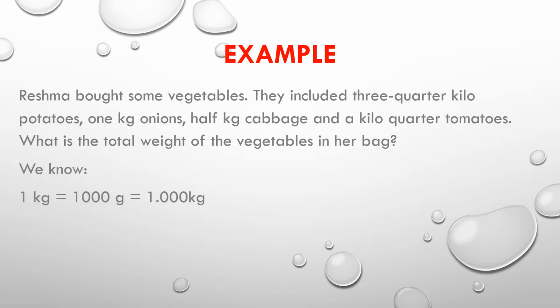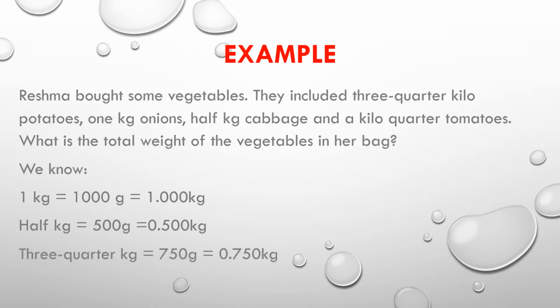We know 1 kg is equal to 1000 grams, that is also equal to 1.000 kg. Half kg is equal to 500 grams, which is equal to 0.500 kg. 3/4 kg is equal to 750 grams, which is equal to 0.750 kg. Quarter kg is equal to 250 grams, which is equal to 0.250 kg.